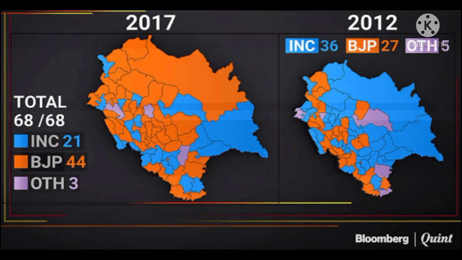The Bharatiya Janata Party, BJP, with 44 MLAs had the majority and it became the ruling party. All other MLAs became the opposition. In this case, the Indian National Congress, INC, was the major opposition party since it had the largest number of MLAs after the BJP. Among the opposition were other parties, including those who had been elected as independent candidates.